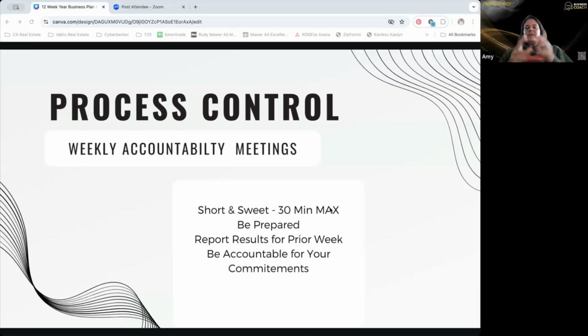I would probably recommend 3 to 5 people. The intention of your 30-minute WAM is fostering personal accountability. Okay, it's not the people in your WAM group's job to hold you accountable or to dole out negative consequences, right? That's not your job, to hit people over the head and ask them why they didn't do things.